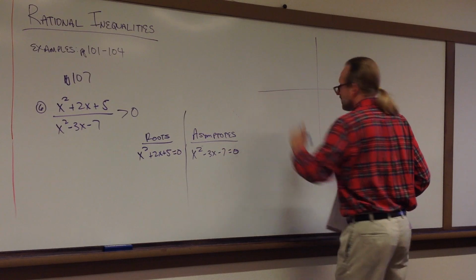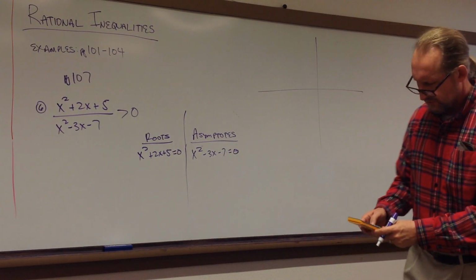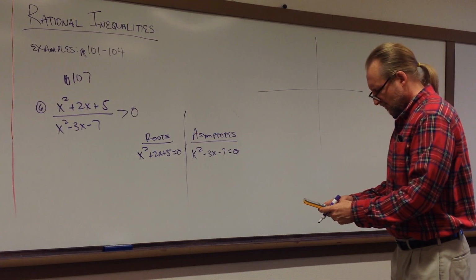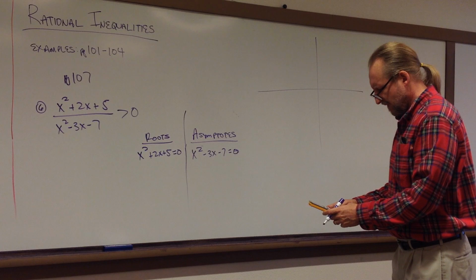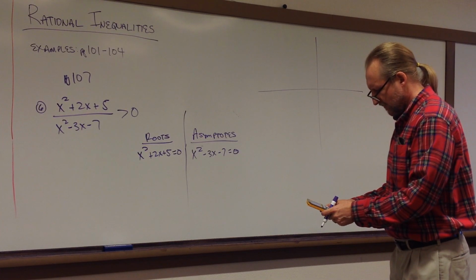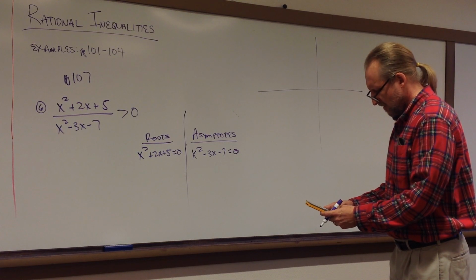So let's look at the graph, and I'll draw a sketch and show you what the graph looks like on the calculator as well. So, x squared plus 2x plus 5 on top, x squared minus 3x minus 7 on the bottom.